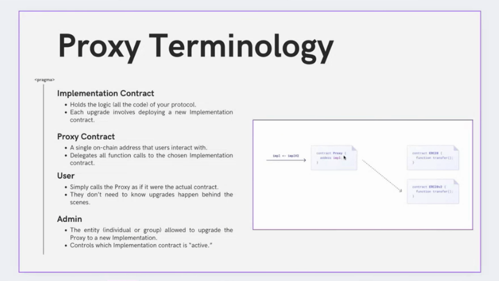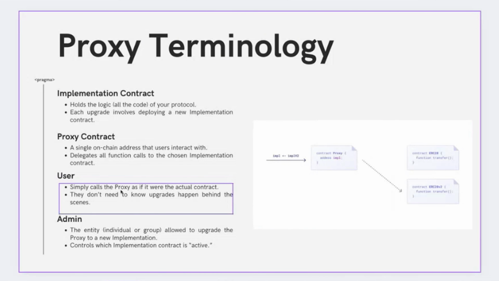The proxy instead is another smart contract. This is the contract that holds the address with which developers and users are interacting. The proxy contract points to the correct implementation contract to which it delegates calls. Meaning that when we perform an upgrade, we're actually pointing to a new or separate implementation contract.